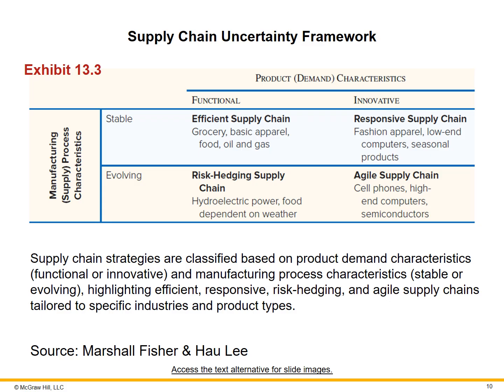It is mainly about how much the product would change. So think about groceries and basic apparel, versus cell phones and high-end computers.